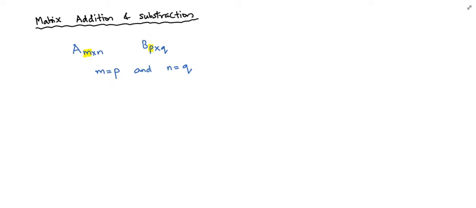If that condition isn't true, it's not possible to add or subtract them. This is the basic condition, so if one of the conditions is not fulfilled, we cannot add them.